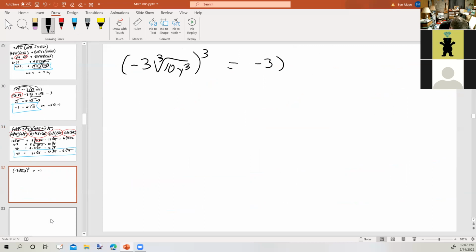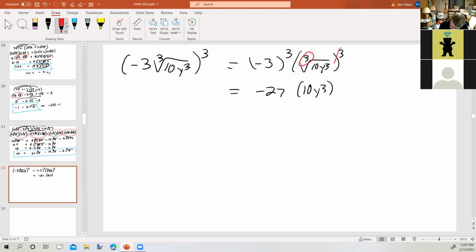So that's -3 cubed, the cube root of 10y cubed cubed. -3 cubed is -27. The cube root of 10y cubed, the whole thing cubed, would be 10y cubed, right? Because this and this would reduce down to 1/1. So now I've got -270y cubed.